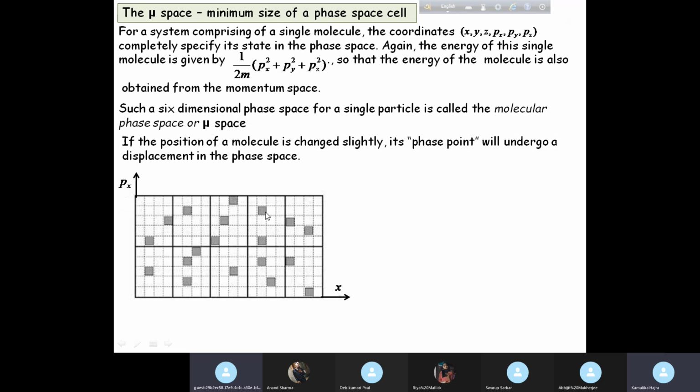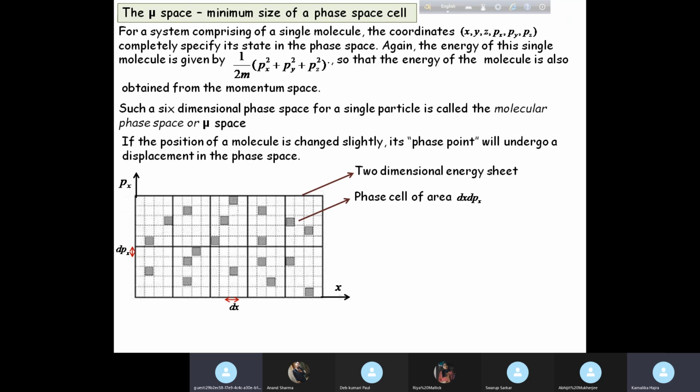And the dimension of one gray box is dx along the x direction and dpx along the px direction. Okay. So the area of such a small occupied box or any such box is dpx dx. This is a two-dimensional sheet. All right. So the dimension of a small box is dpx dx.